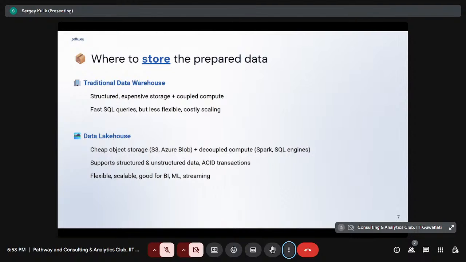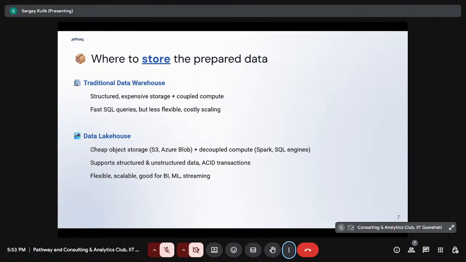And at this point, we need to understand how we store this data in our analytics cluster, because there are two ways to store the data. The first one is the traditional data warehouse, which is more like the old school way.